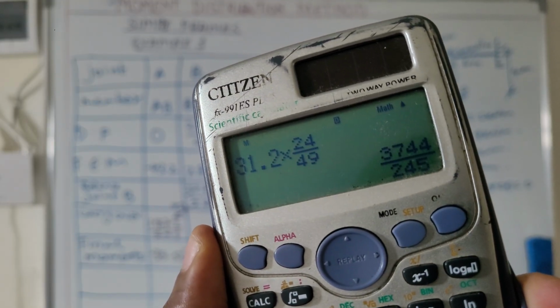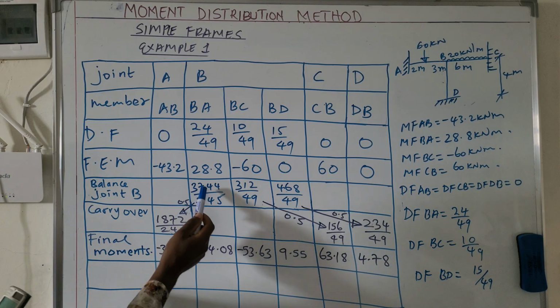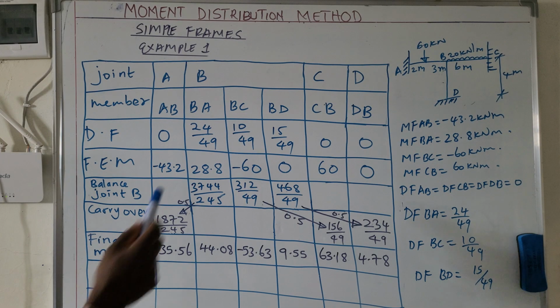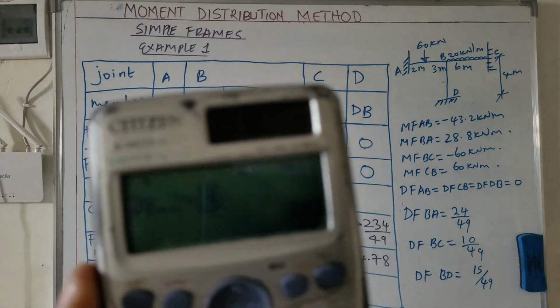So the answer is 3744 over 245. We proceed to member BC. You take 31.2 times 10 over 49. I will show you on my calculator.